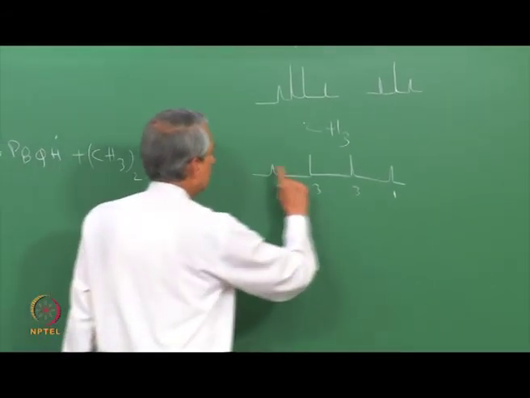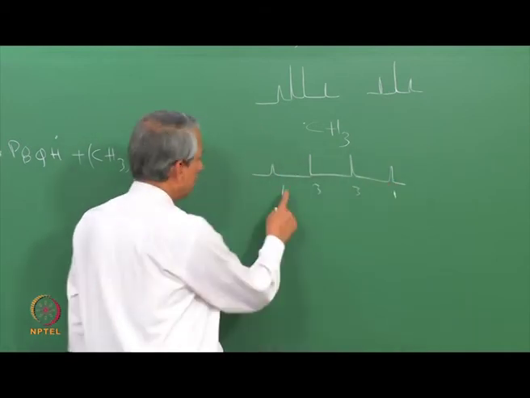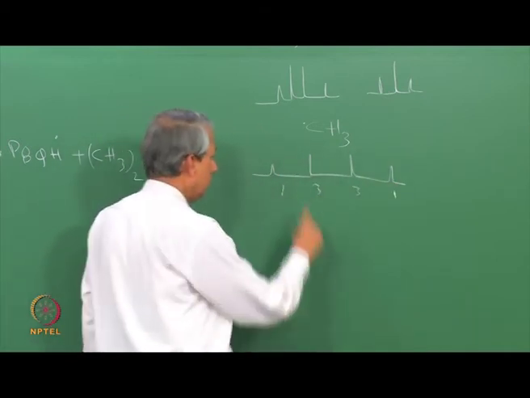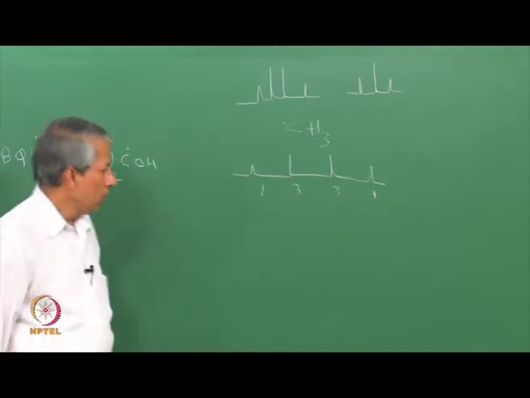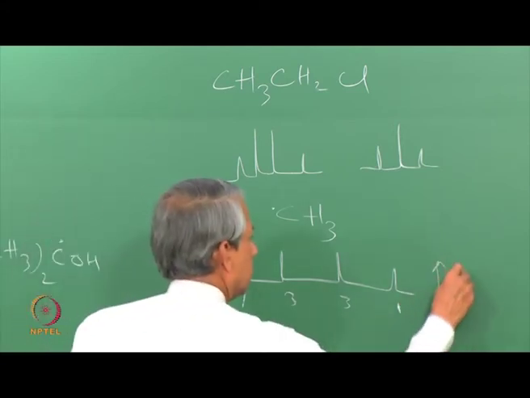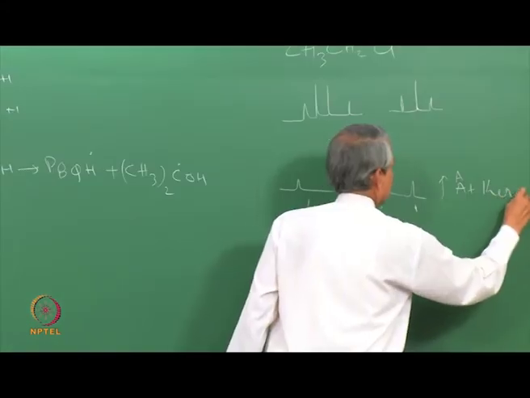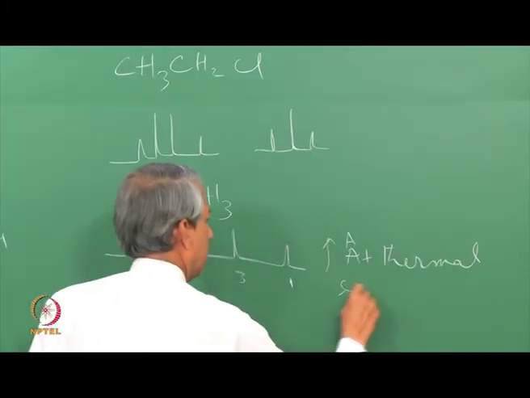In the steady state condition, the intensity of these lines will follow 1:3:3:1, but the actual intensity will depend on the Boltzmann distribution among the various hyperfine levels. So, this is the absorptive signal at thermal equilibrium.